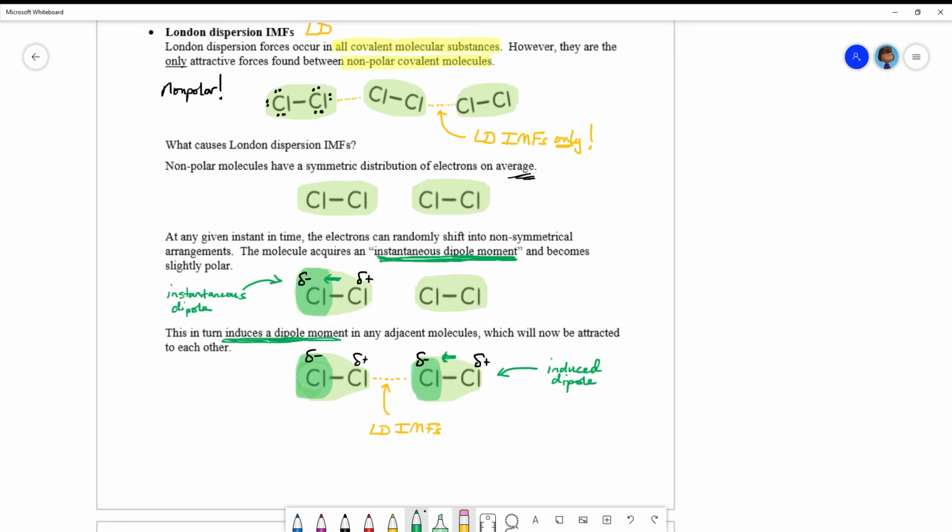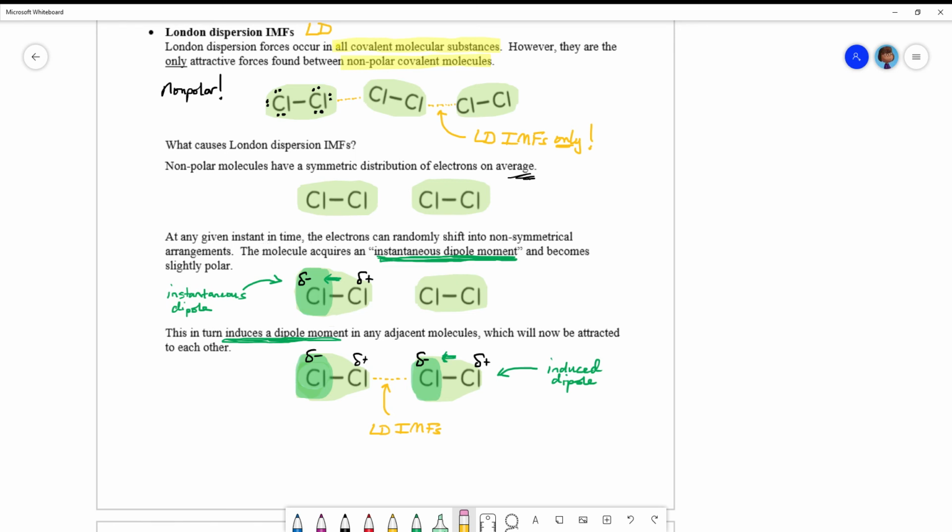Now, I should note that these dipoles, instantaneous and induced, are very, very slight dipole moments. And not only are they very slight, they're constantly shifting. So remember, the first molecule that got this instantaneous dipole moment, it was just random that the electrons shifted left. They could just as easily have shifted to the right.